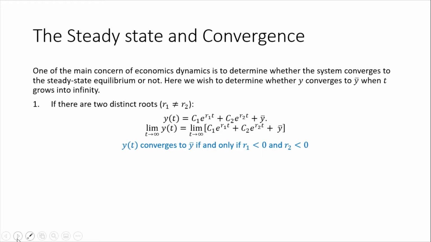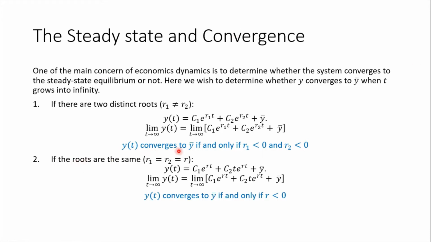Okay, what about when the roots are the same, r1 equal to r2 equal to r? Of course, we have this solution, remember? We multiply the second term with t. And if we take the limit t approaching infinity, the same question: when will this limit be equal to y bar, the steady state value? Of course, when all of these are 0.